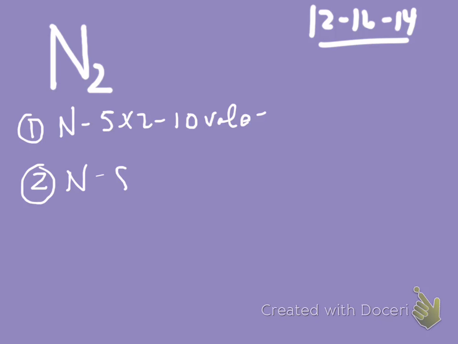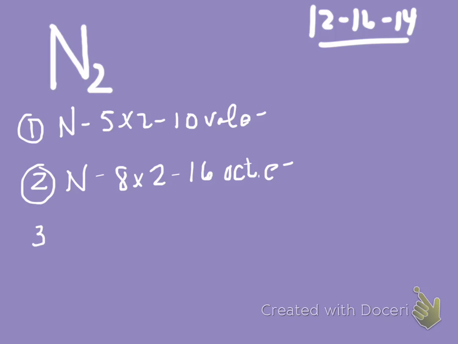Nitrogen would like to have 8 electrons. There are 2 nitrogens. If everybody had all the electrons that they wanted independently, there would be 16 octet electrons. Okay, so far so good.